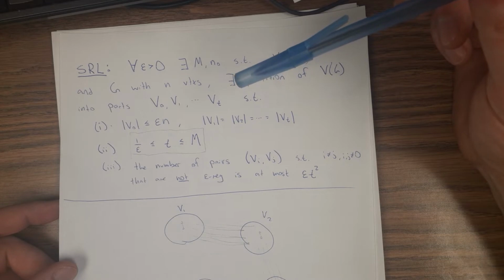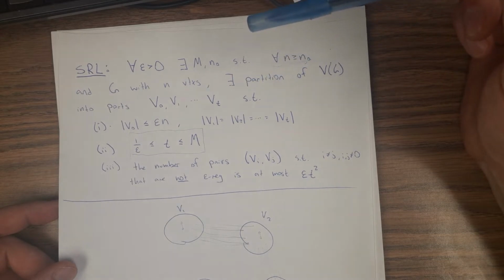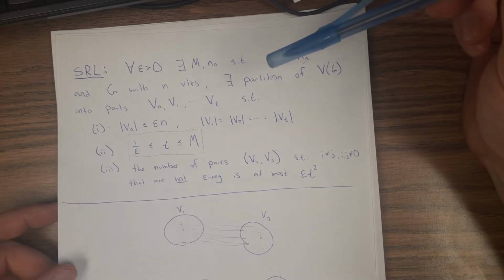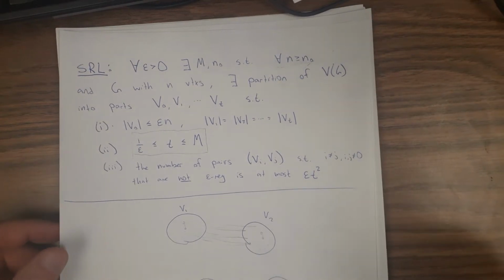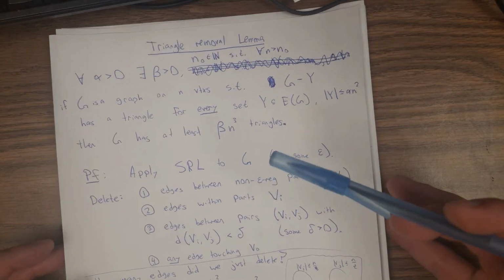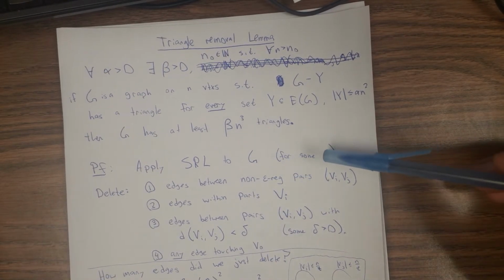Maybe it would be a good time to pause the video and remind yourself what these properties are and what they mean. But I'll just go ahead. That's what we mean when we apply the Szemerédi regularity lemma. We get this partition.